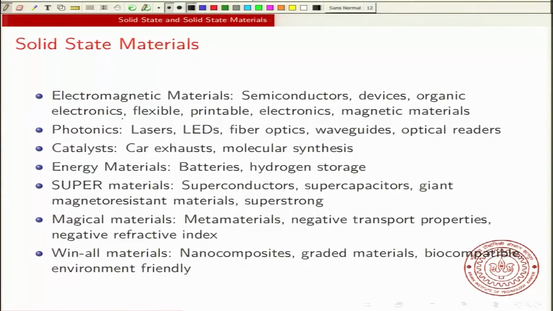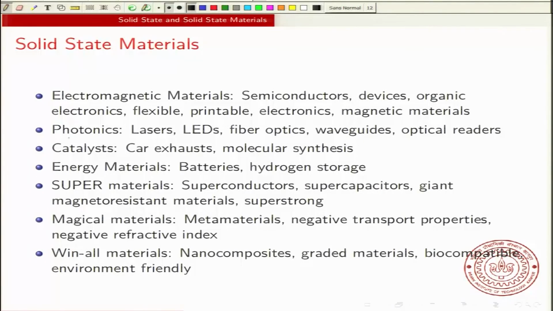There is interest in flexible electronics, where you have electronic materials but they are flexible, and these have several applications. There is also interest in printable electronics, and then a huge range of magnetic materials. All kinds of magnetic materials are of interest.